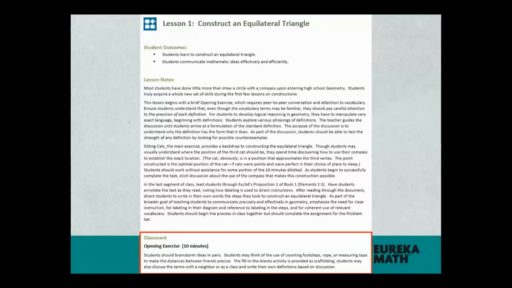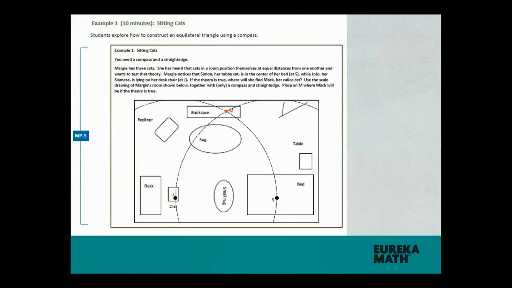Let's talk about the difference between an example and an exercise. Examples tend to be teacher-directed, whole class activities. The teacher and students usually work through a few examples together. They often include bullets with suggested questions or sample dialogue for you to study as you prepare to teach.